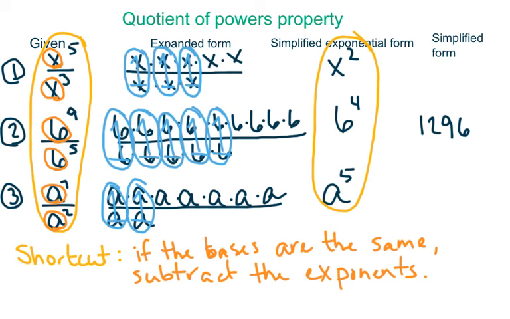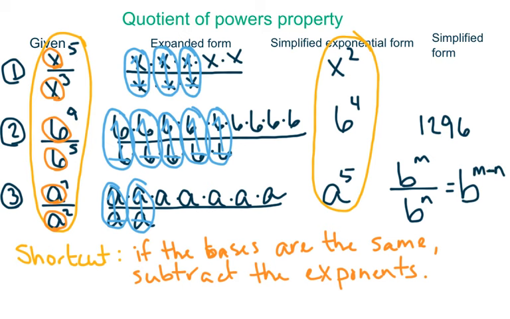Alright, so underneath the shortcut, I don't have any room here, so I am going to make room over to the side, but you should put it underneath. Here is the property. If the bases are the same and we are dividing, because this is called the quotient property, so same bases but we're dividing different exponents, we subtract the exponents and keep the base the same.